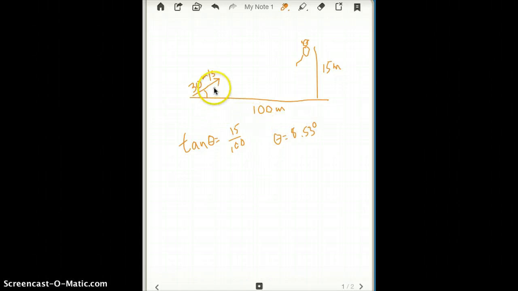So now that I know what angle he or she may point the banana shooter at, I'm going to go ahead and split this 30 meters per second velocity vector into x components and y components. So I'm going to find that Vx is equal to 30 times the cosine of 8.53, which is 29.7 meters per second.